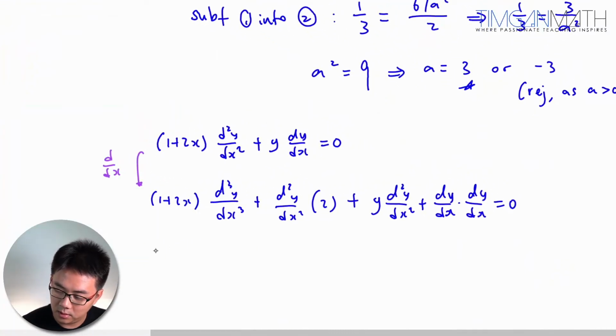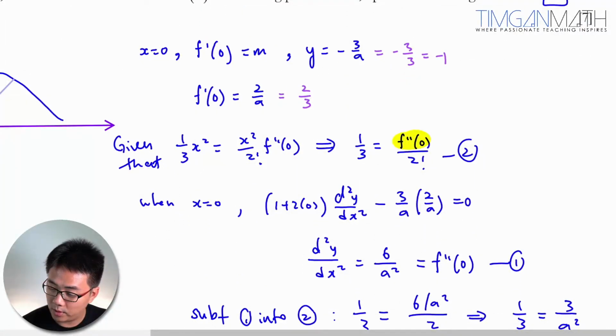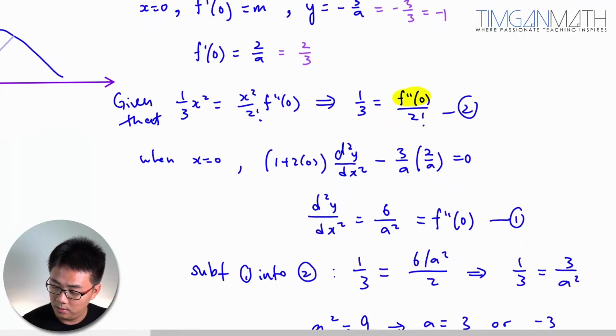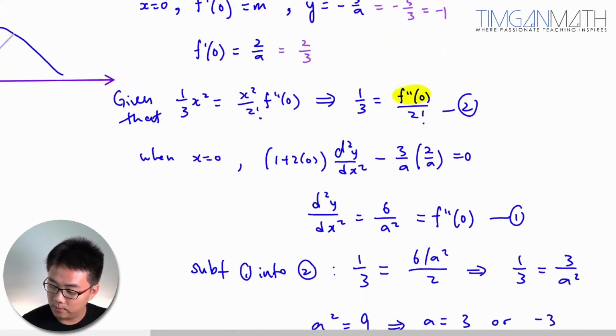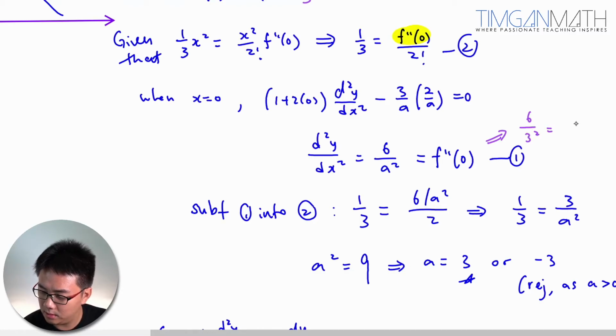So this would be 1 plus 0 times d cubed y over dx cubed. d squared y over dx squared would be f double prime 0, which is here. It would be 6 over 3 squared, which is 6 over 9, which would be 2/3.